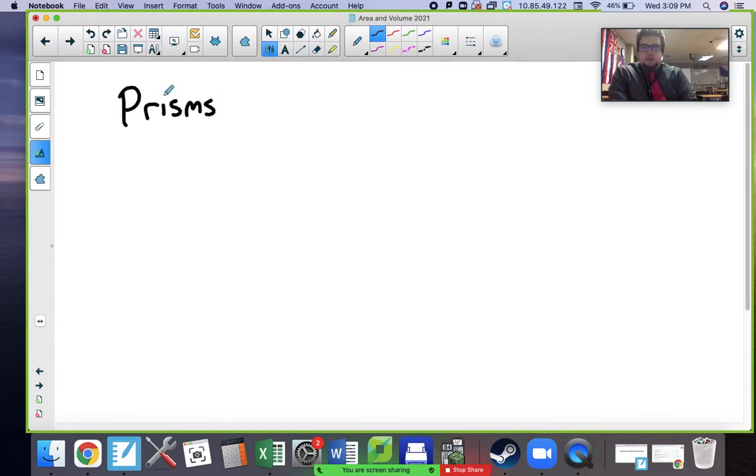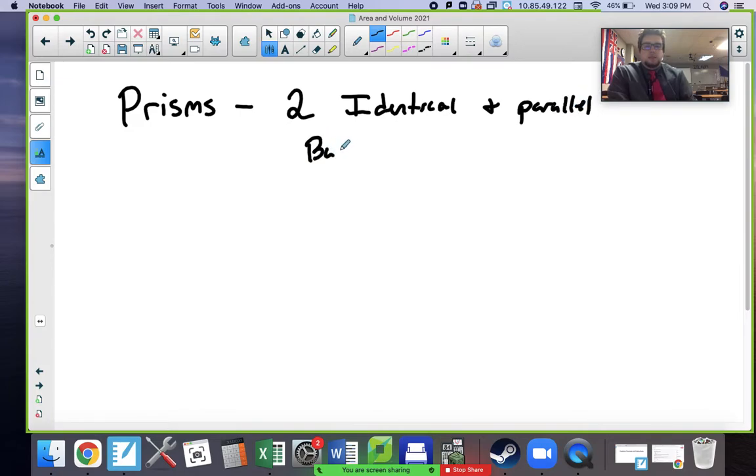what makes them different from our other three-dimensional shapes is that they have two identical and parallel bases on opposite sides of the shape.